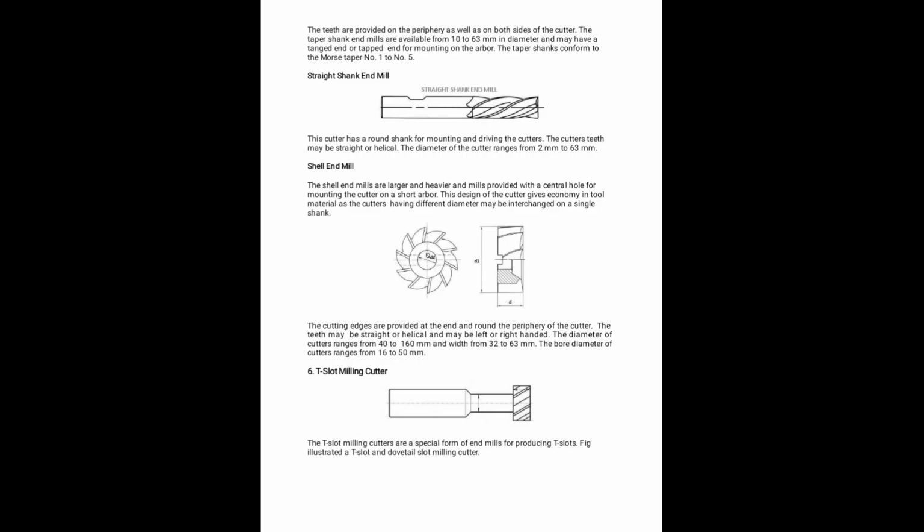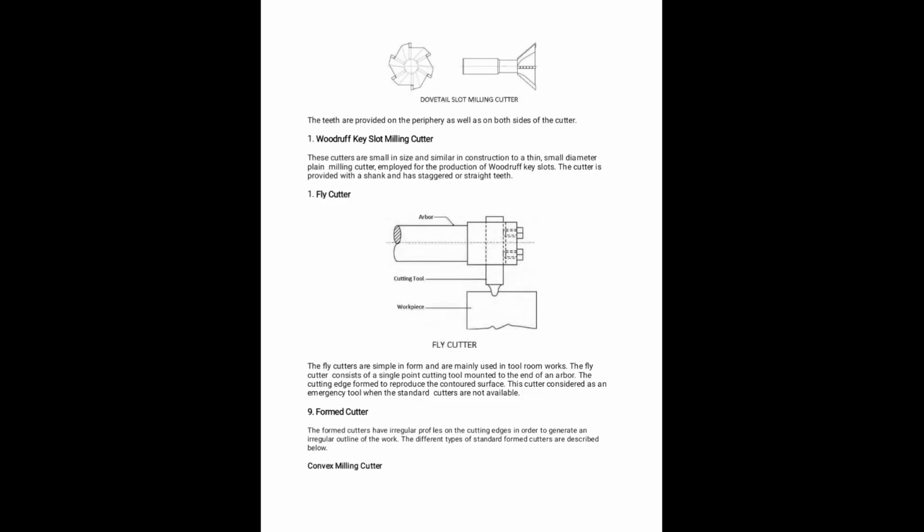Then the shell end milling cutter. Shell end mills are larger and heavier, and are produced with a center hole for mounting the cutter. And the T-slot milling cutter is a special one. The T-slot milling cutter is a special form of end mill for producing T-slots, as in the diagram. Then the Woodruff key slot milling cutter.